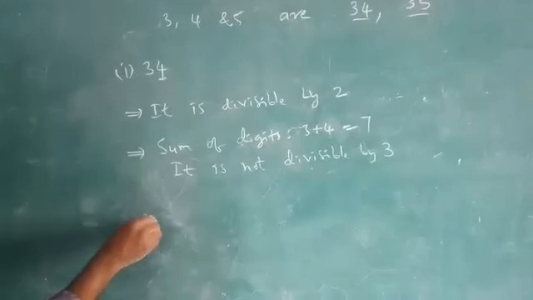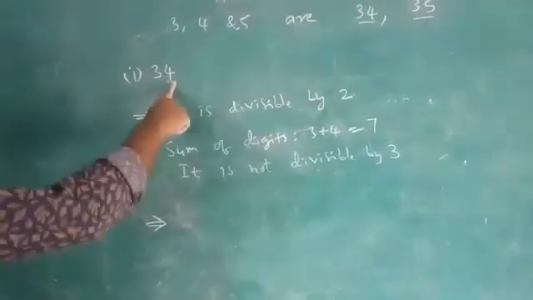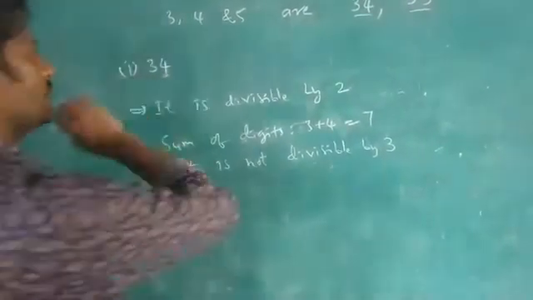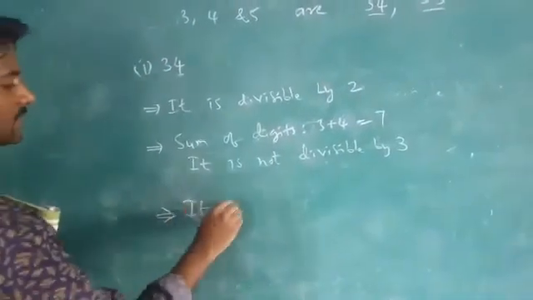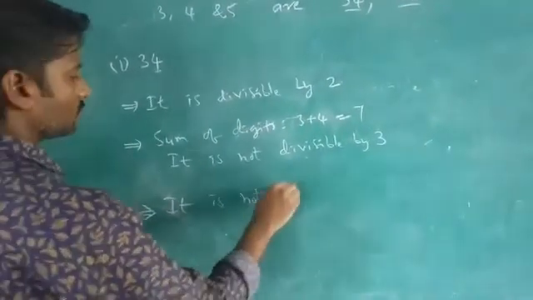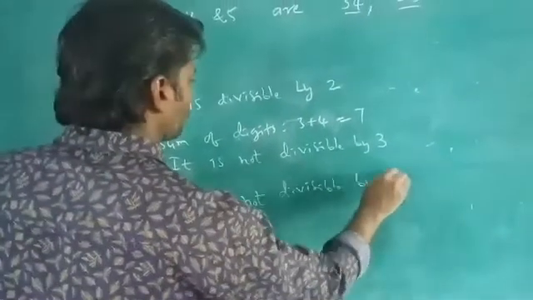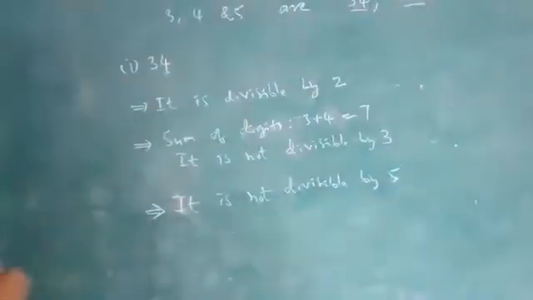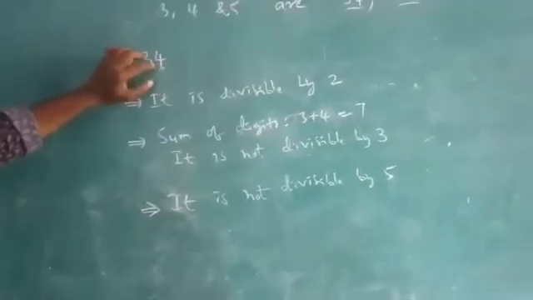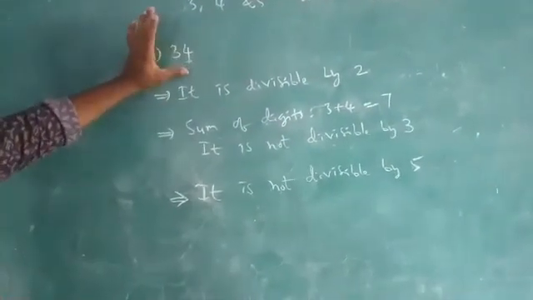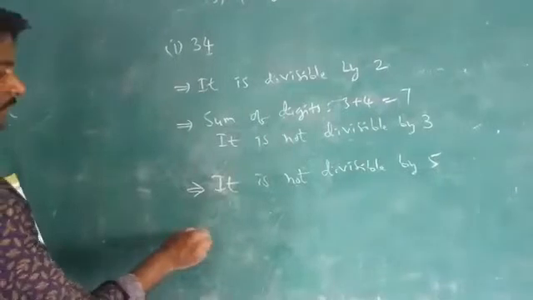Next 5, children. Last number ends with what here? 4. So it is not divisible. It is not divisible by 5. If you want to write a reason, you can write since the last digit is 4 here. It must not be 4, the number must be 0 or 5.